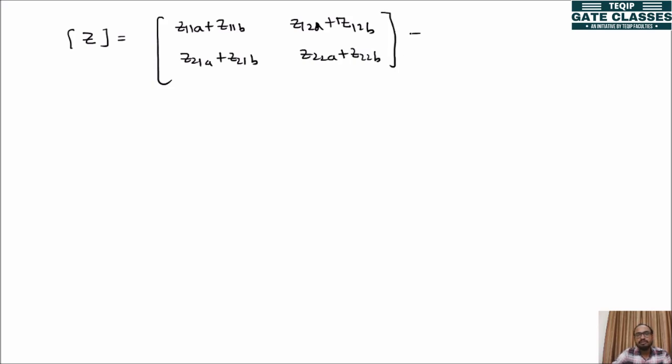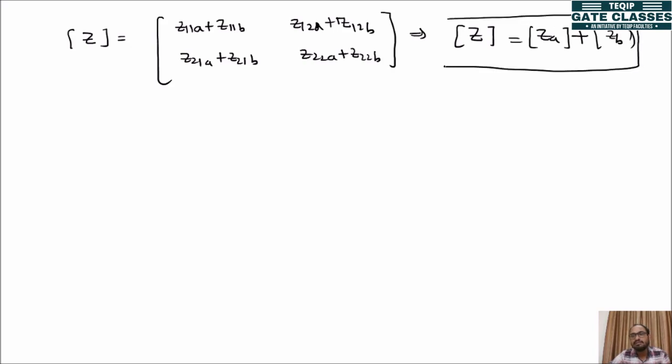Or you can simply write Z equal to ZA plus ZB. Simply add the Z parameters of both the networks if they are connected in series, and you will get the parameter Z for the whole network.